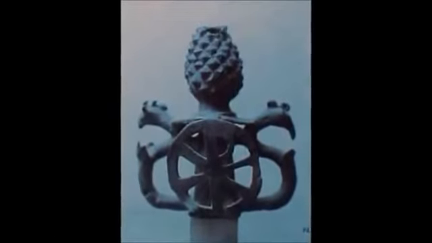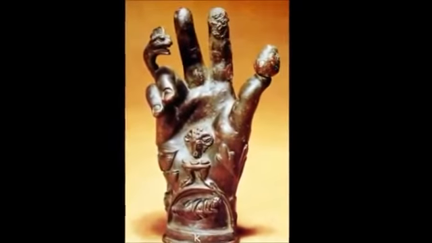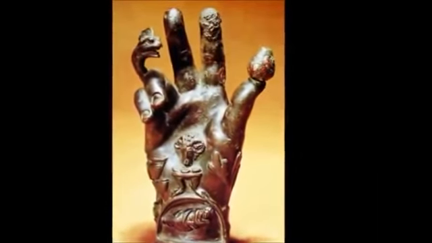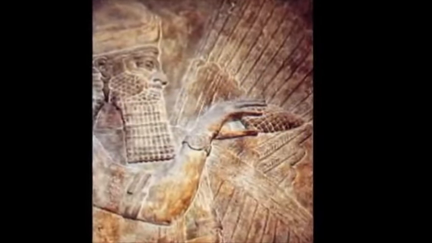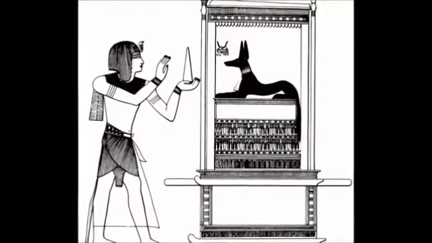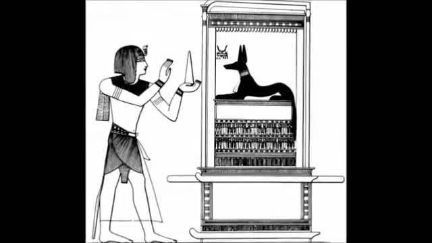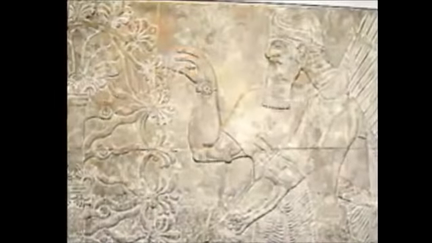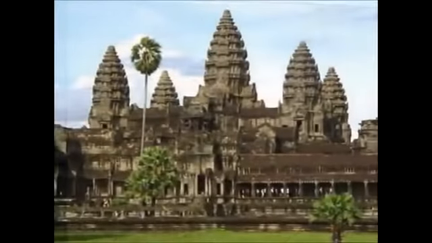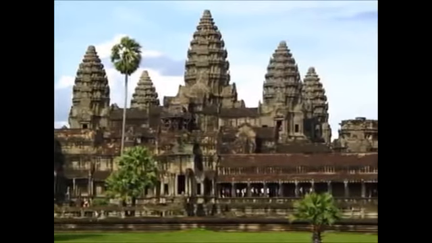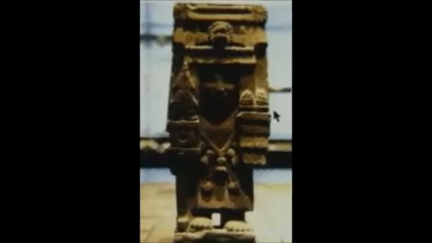The pine cone is found in many ancient works of art. Even here, an ancient Roman bronze statue shows the thumb with a pine cone on it. The pine cone is shown in early Mesopotamian and Egyptian hieroglyphics. Ancient Buddhist architecture and art closely mimic the pine cone.